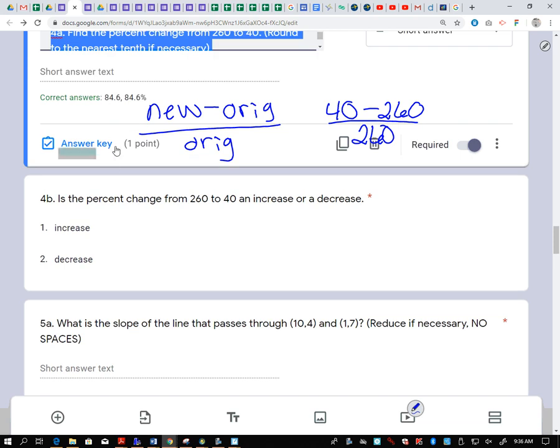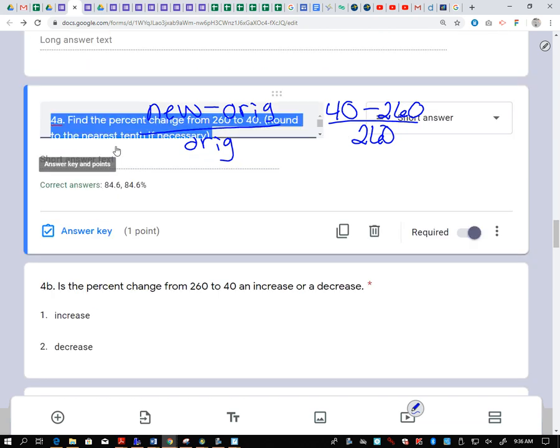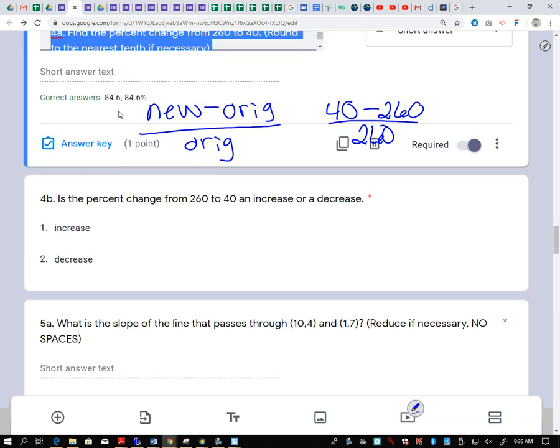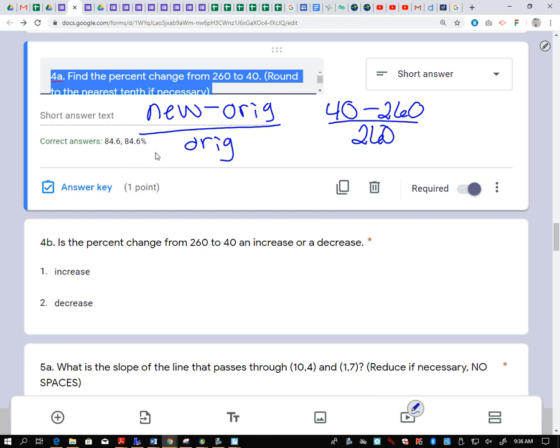Let's see what you guys got. Yeah, and really on this part, it's just asking for percent change. So it's not asking for a negative 84.6, because if you'll notice in the very next question, it's going to say, is this increase or decrease? So is it my job to put a negative in here? No. So I'm just making you aware of this. Do not put a negative there. It's just asking for change. Change can be increase or decrease. So we're making a note there.